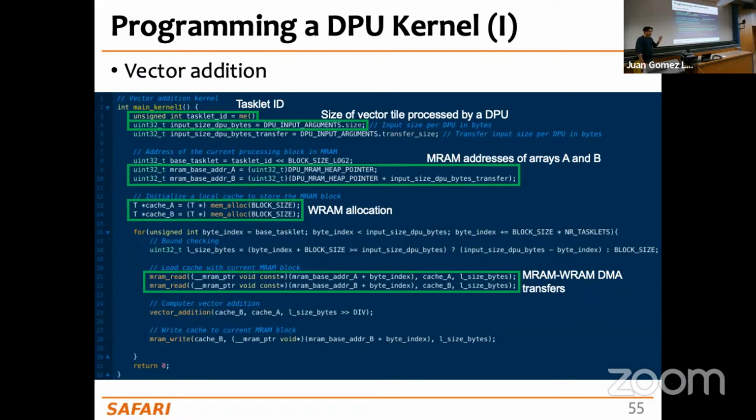No. This is for the same DPU. There is no other way of accessing data if it's not in the same DPU, either in MRAM or in WRAM. Yeah, those are very good questions.